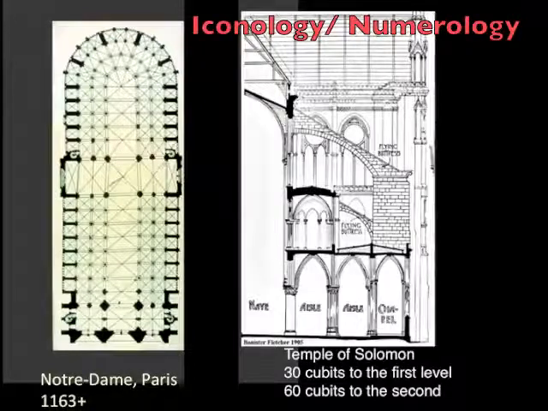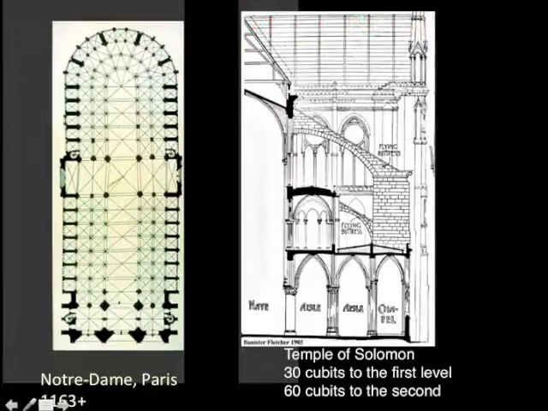Numerological, a system of coding numbers. Some of the proportions in the Notre Dame, for example, are derived from literary descriptions of the proportions of the Temple of Solomon. So it's being built using these technical geometrical devices that we see in Villard d'Honnecourt's sketchbook, but the technical geometrical devices are being organized by a kind of higher numerological coding of meaning within the building.